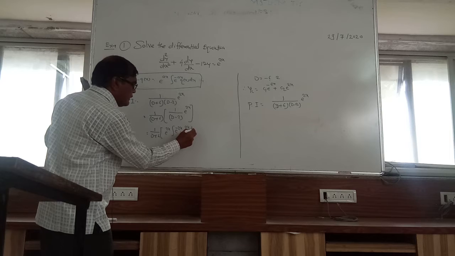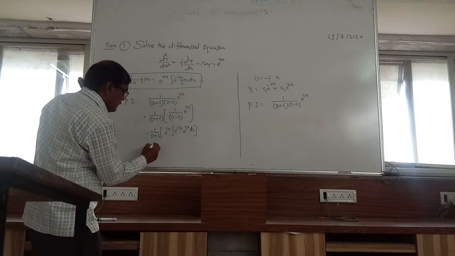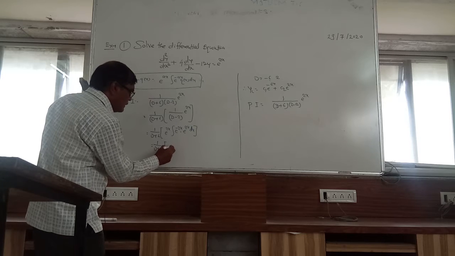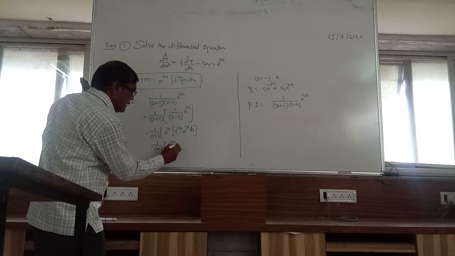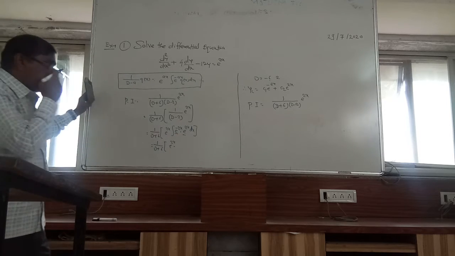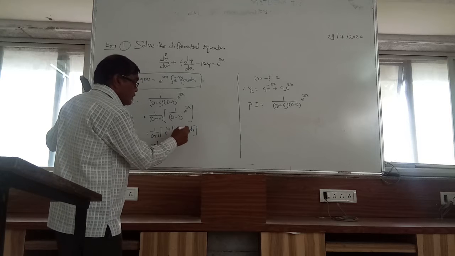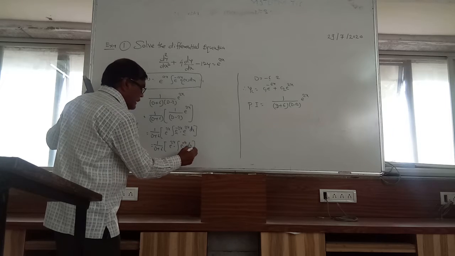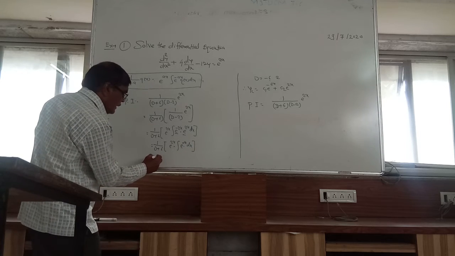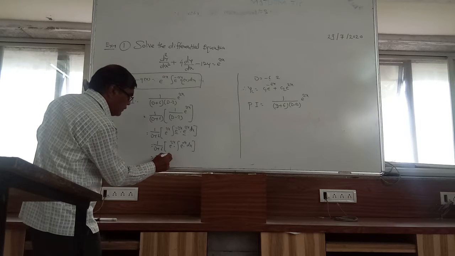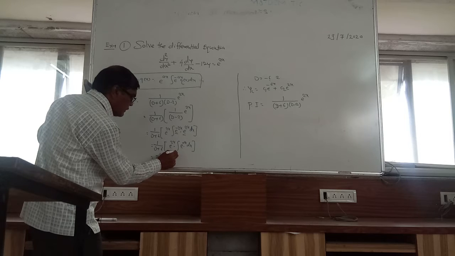By the laws of indices, with the same base we add the indices, so we get e raised to 0x dx, which gives 1 upon D plus 6 of x into e raised to 2x.